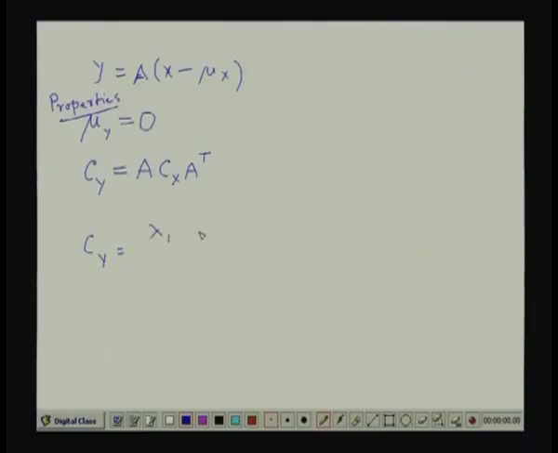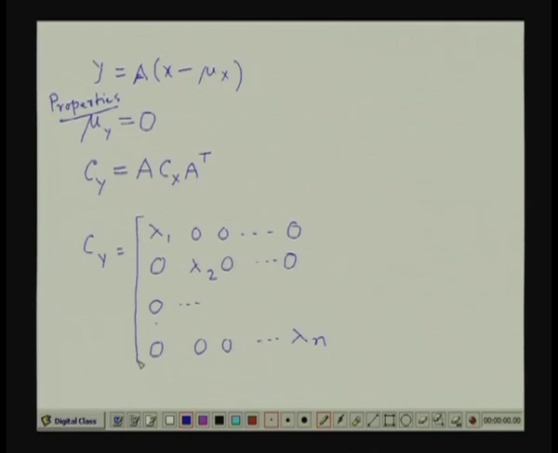So, this Cy will be of the form lambda 1 0 0, and it continues like this, then 0 lambda 2 0, and it continues like this, then finally we have 0 0 0 up to lambda n.